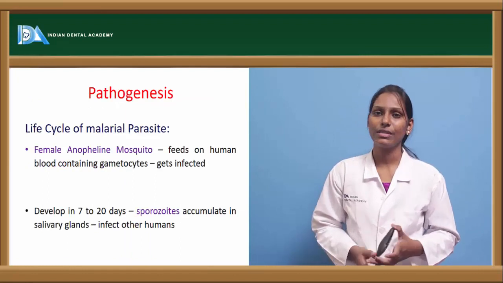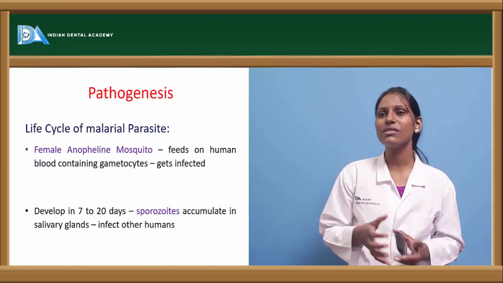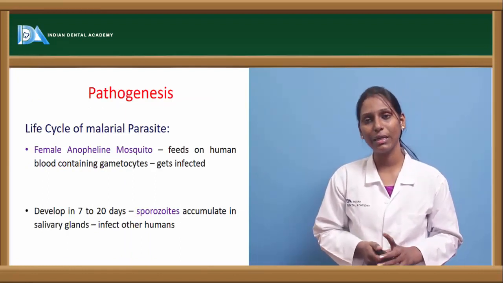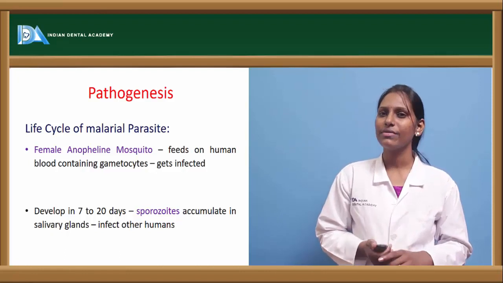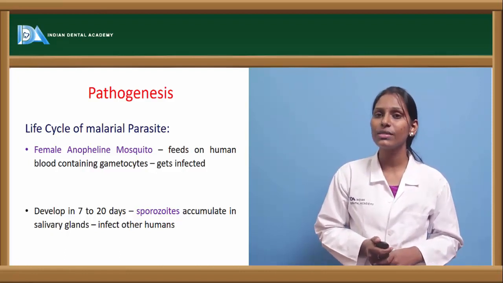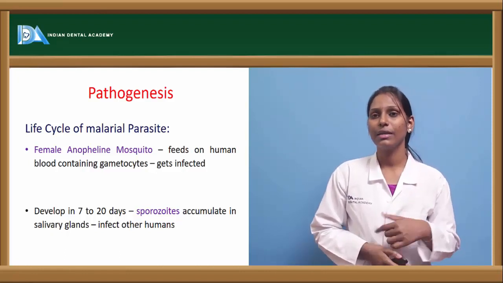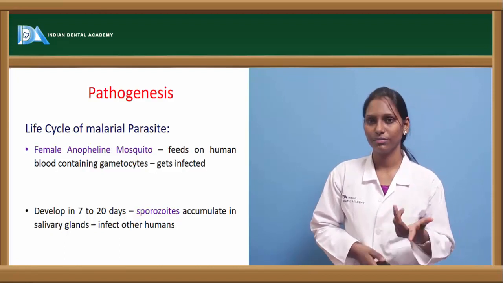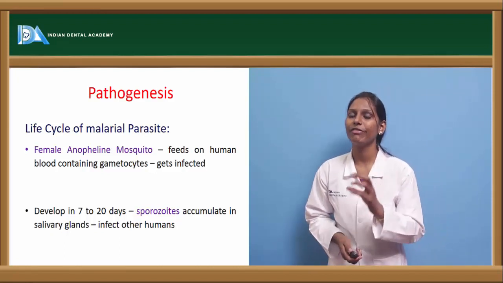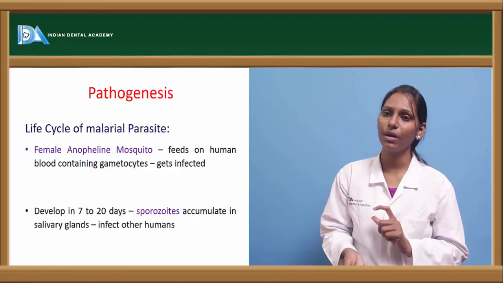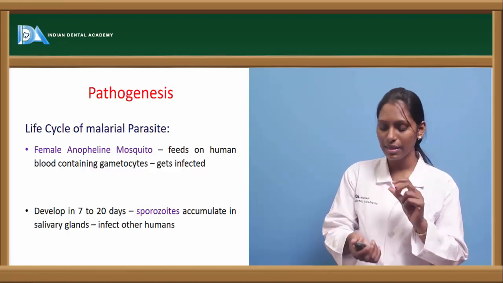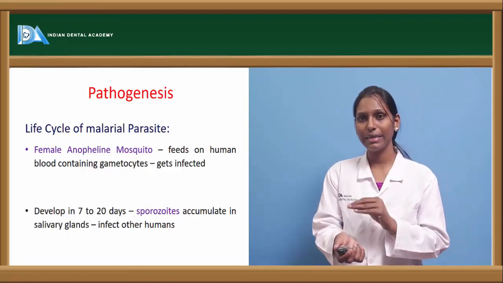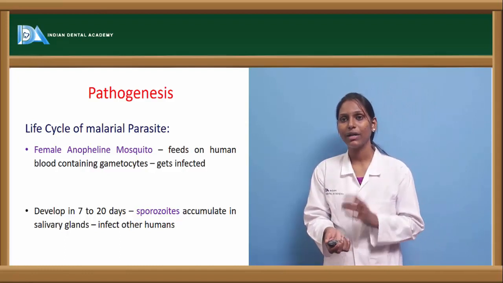Coming to the pathogenesis, which is the life cycle of the malarial parasite. The female Anopheles mosquito is the vector transmitting the protozoan. It feeds on a human who is already suffering from malaria and contains gametocytes.